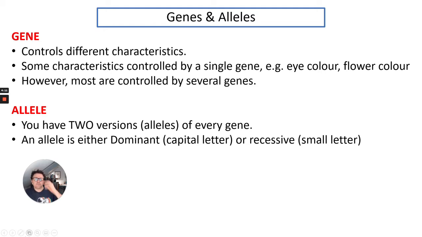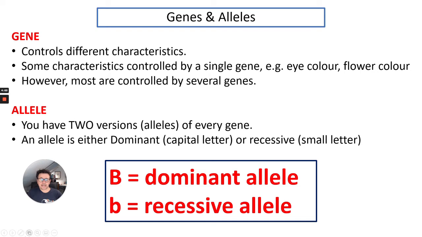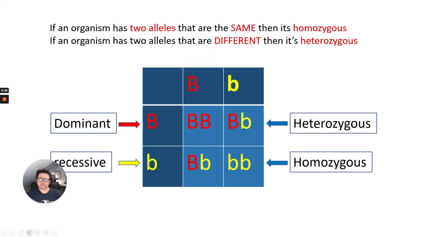So an allele can be either dominant, which we express as a capital letter, or it can be recessive, which is a small letter. So in this case, capital B is a dominant allele and a lowercase b is recessive. If an organism has two alleles that are the same, then they're said to be homozygous.